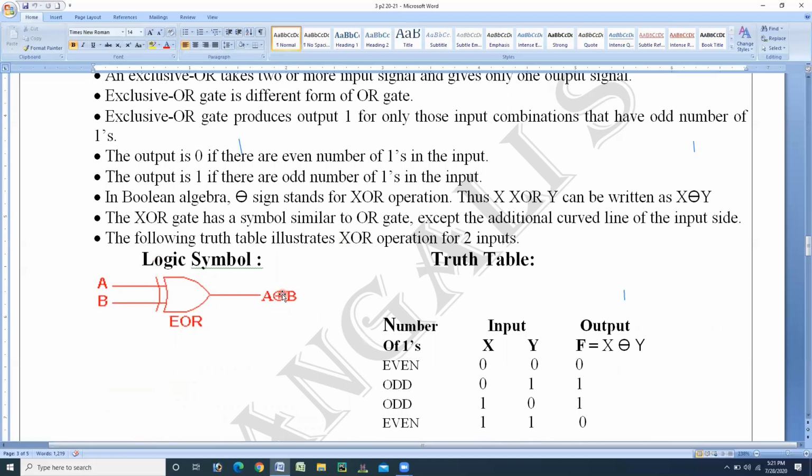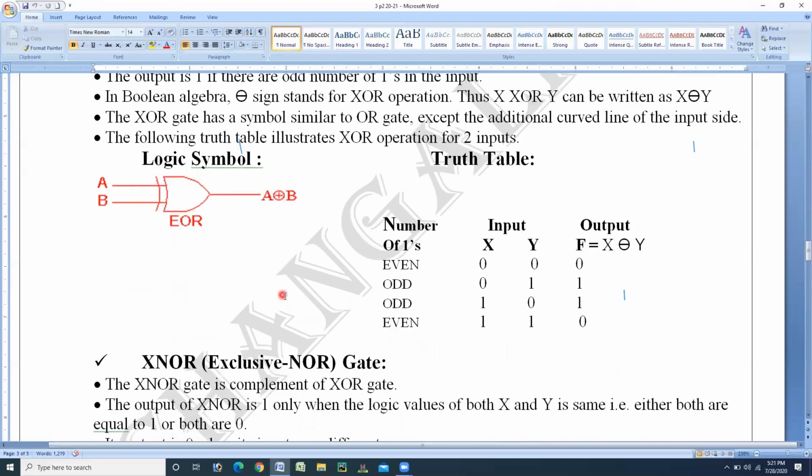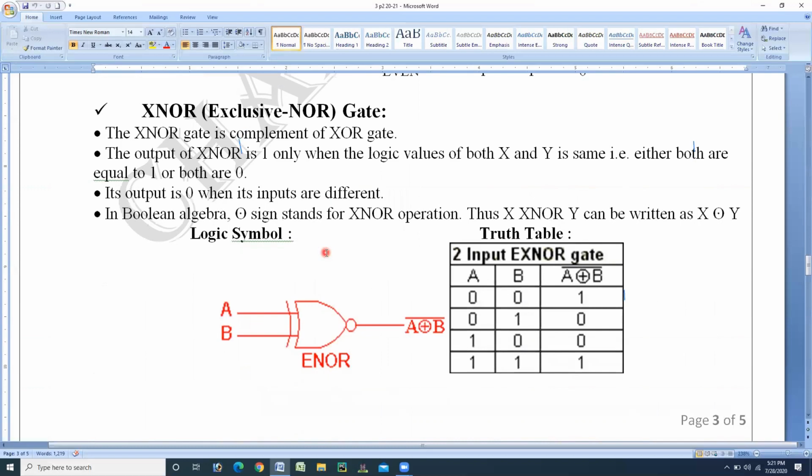When you observe the truth table, the output will be 1 when the inputs have an odd number of ones. It means we are counting the number of ones on the input side. If the number of ones in the inputs is odd, then only the output of the exclusive OR gate is 1, otherwise 0.